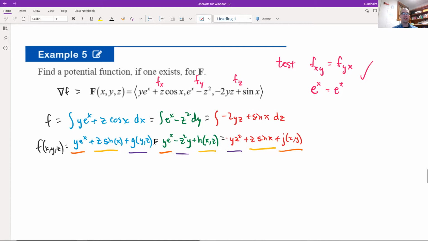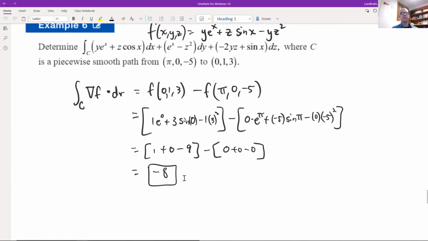The potential function is right here. I never really summed it up all into one: y e to the x plus z sine x minus z squared y. There's our potential function.